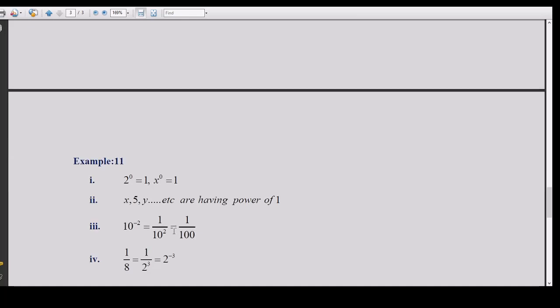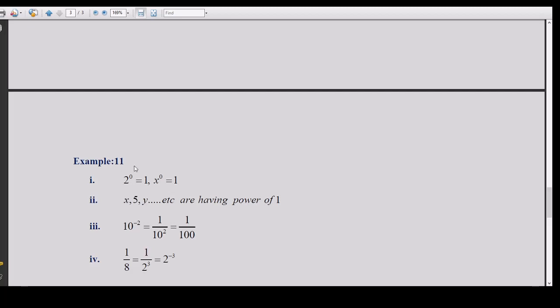Next, in this example, if you write 2 to the power 0, this will become 1. x power 0 is also 1. x, 5, y: all these have the power of 1.